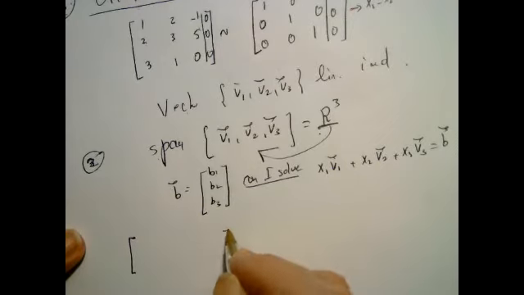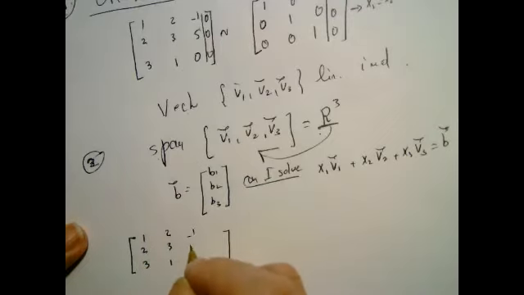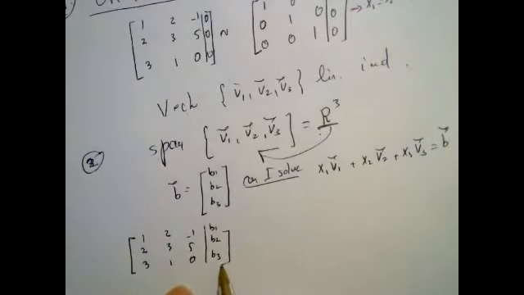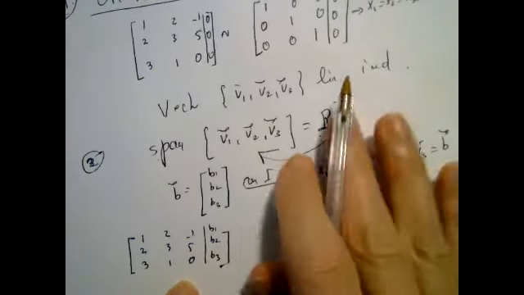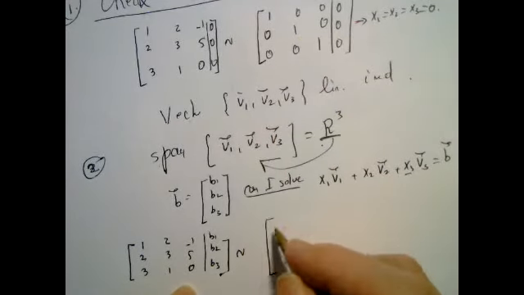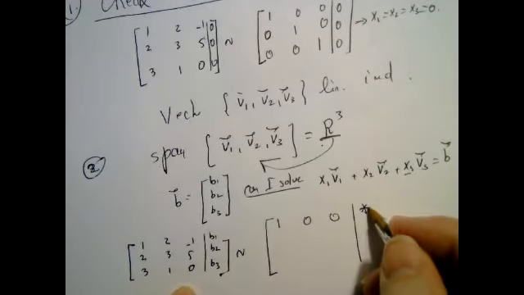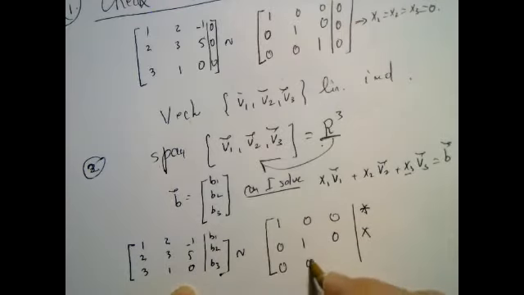If I solve 1, 2, 3; 2, 3, 1; -1, 5, 0; and B1, B2, B3, the question is, will this have a solution regardless of what B is? Now, because they are linearly independent from above, when I reduce, I'm going to have that. But I don't know what happens here. Something will happen, and I'm going to have that.